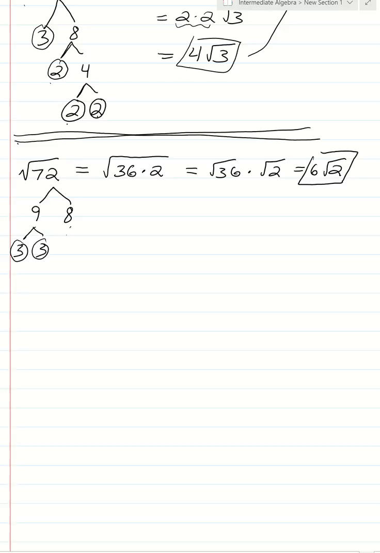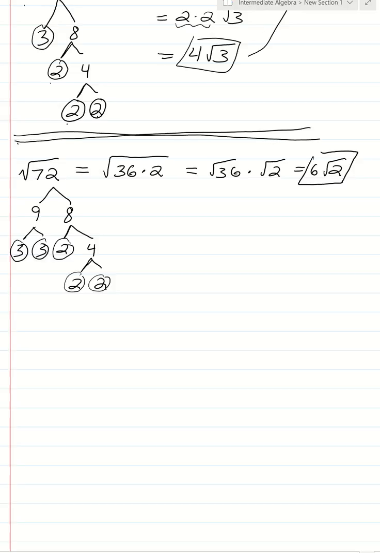The number 8, however, I'm going to break that up into 2 times 4. 2 is prime, but 4 is not. So now let's take the number 4 and break that up into 2 times 2. These are both prime. I don't have to go any further.